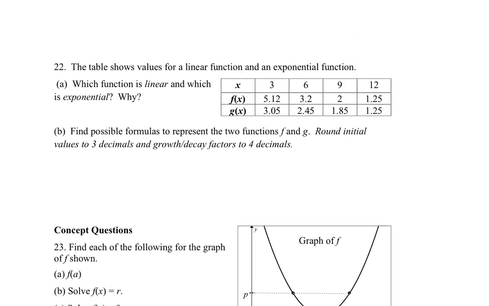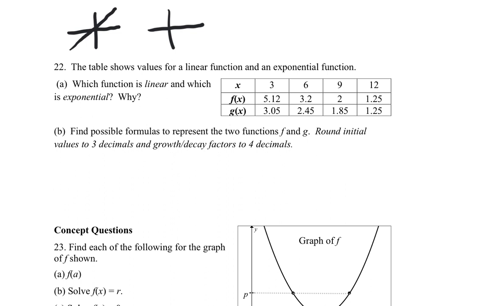Question 22. The table shows the value for a linear function and an exponential function. Which function is linear and which one is exponential? Explain why. So, firstly, I'm just going to graph each type of equation, so we know what we're looking at. A linear equation will look like this.